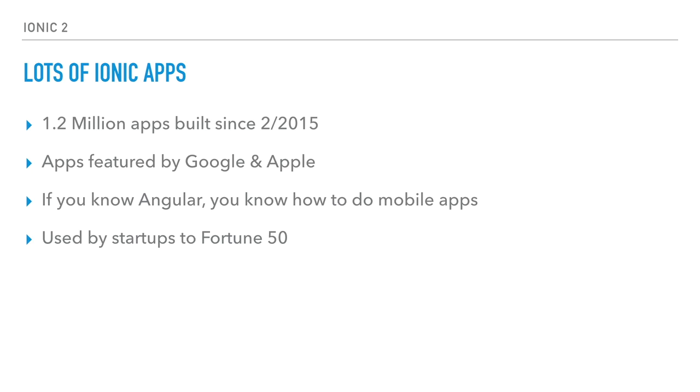We can see here that Ionic has been used by 1.2 million applications since 2015. That's a lot. We are talking about a main competitor to iOS and Android native coding.